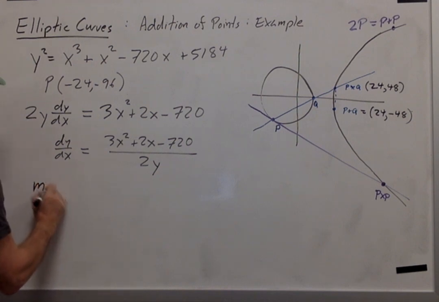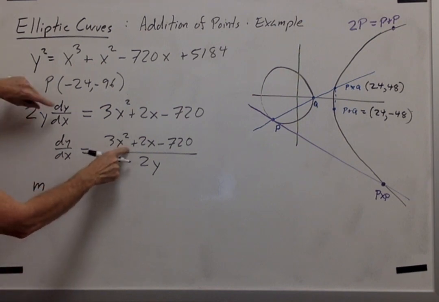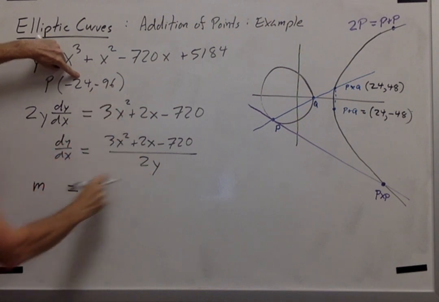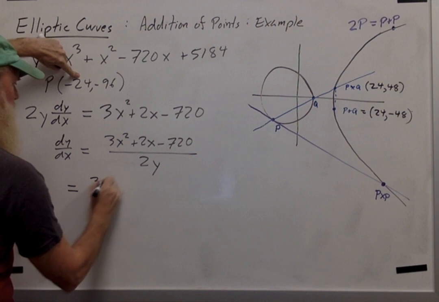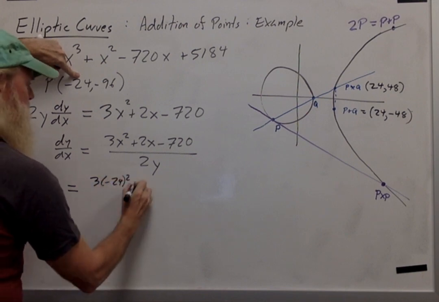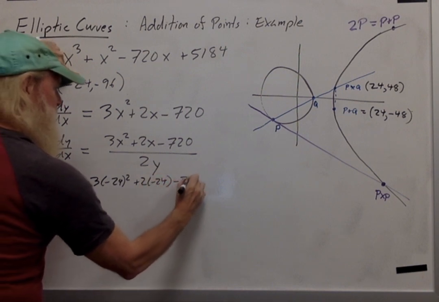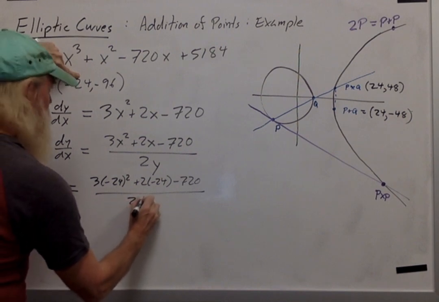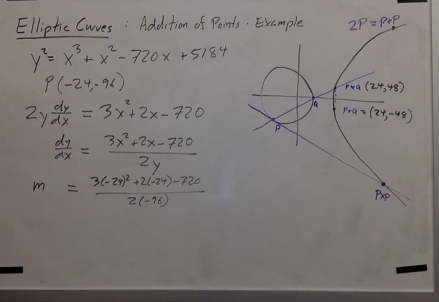So at the point P, the slope is going to be what I get when I plug negative 24 for x and negative 96 for y into this formula. So it'll be 3 times negative 24 squared plus 2 times negative 24 minus 720, all divided by 2 times negative 96.